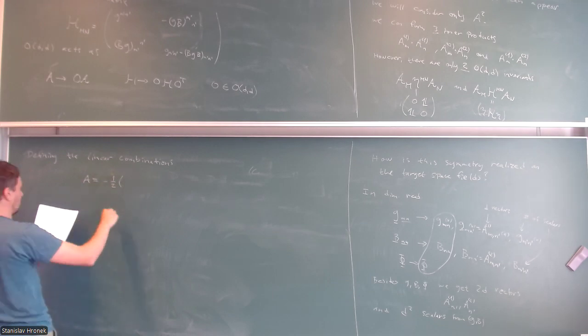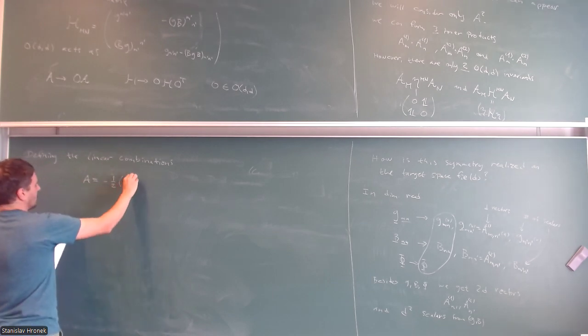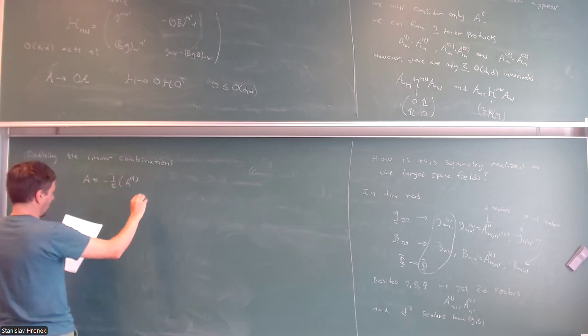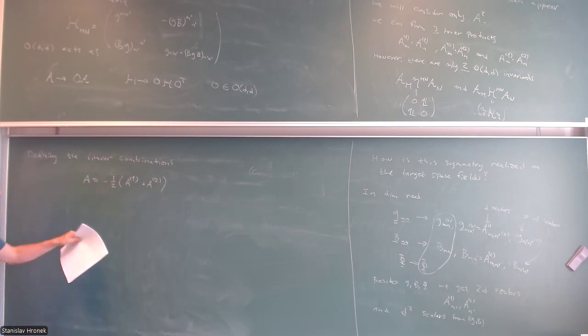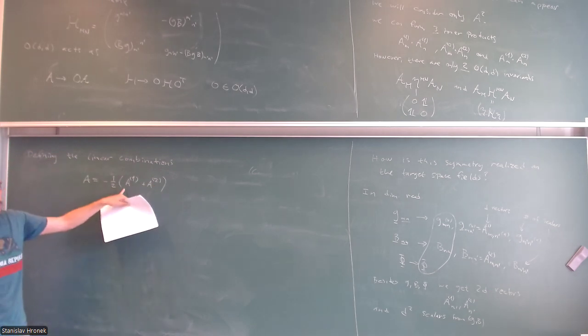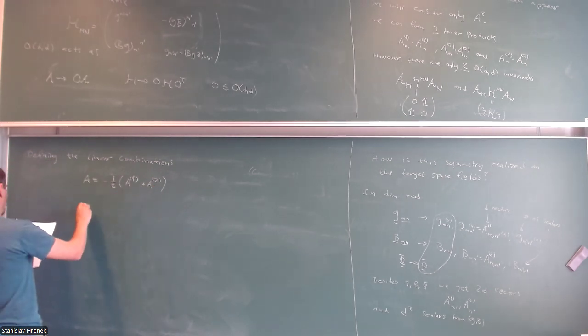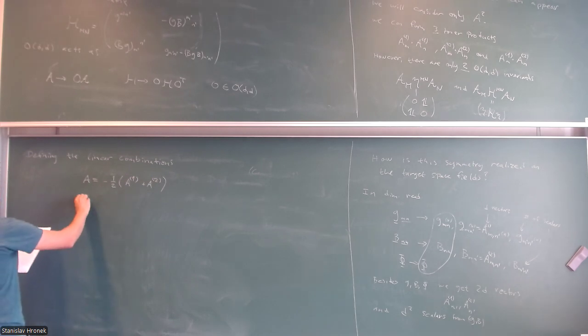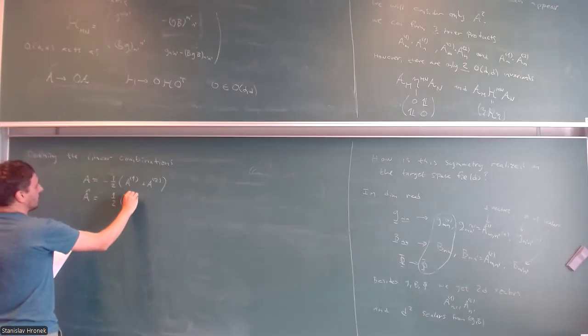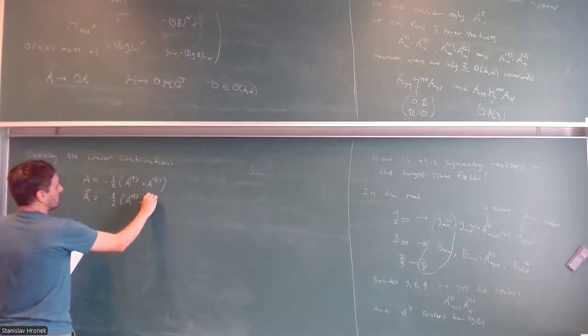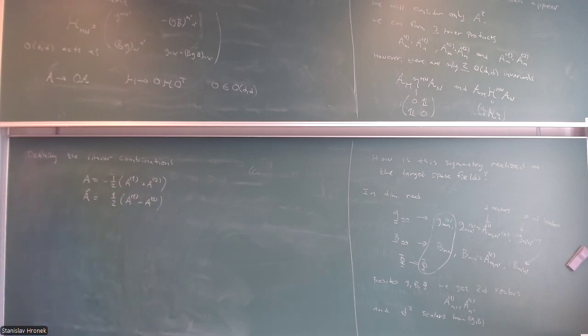For some conventional reason, there's a minus sign here. Not important, it's just to agree with some conventions. So essentially, I take 1/2 the sum of the two, and I take 1/2 the difference. Let's introduce those two linear combinations, A and A hat.